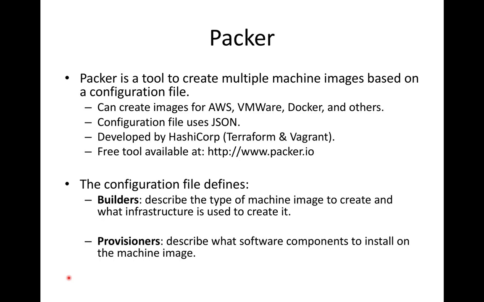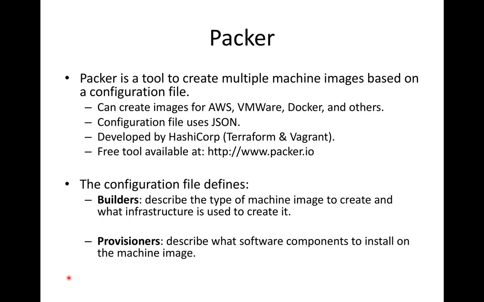And it also specifies the infrastructure that will be used to create the image. For example, in the builders section, you might specify that you want to create an AMI for an EC2 instance. And when you're creating that AMI, you'll define how Packer will access your AWS account and what type of instance it will create and so on.